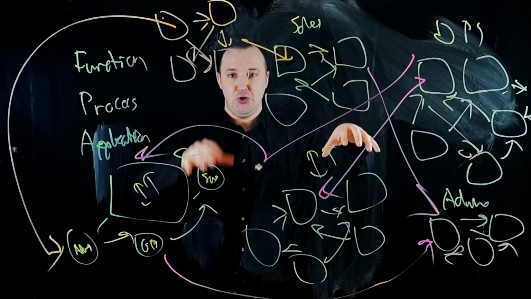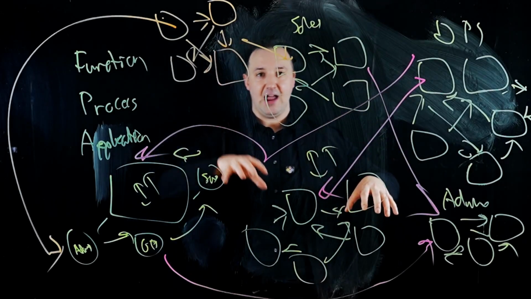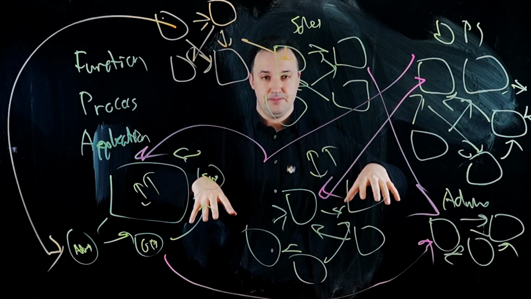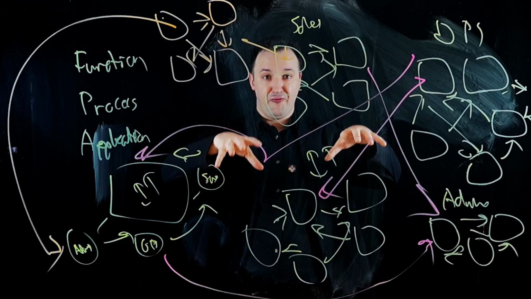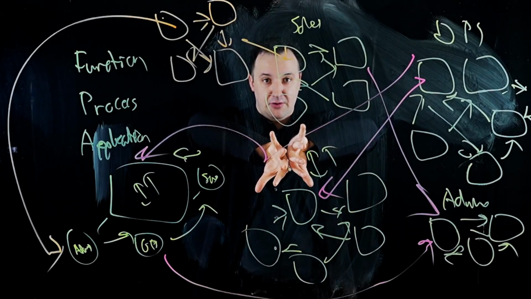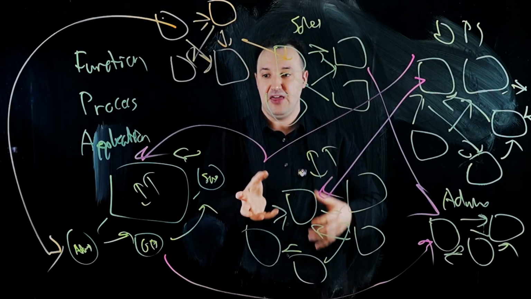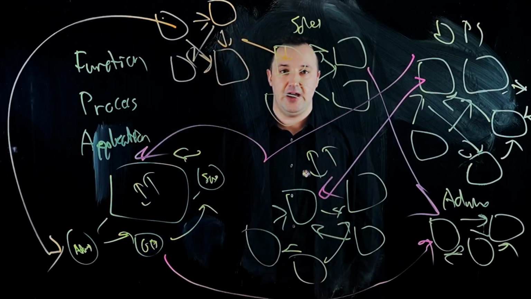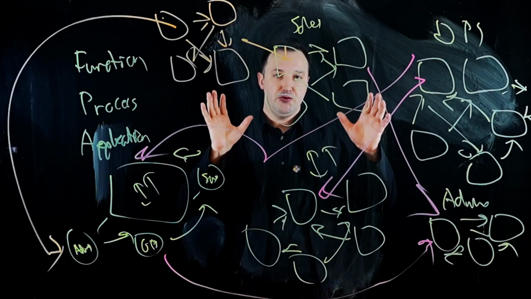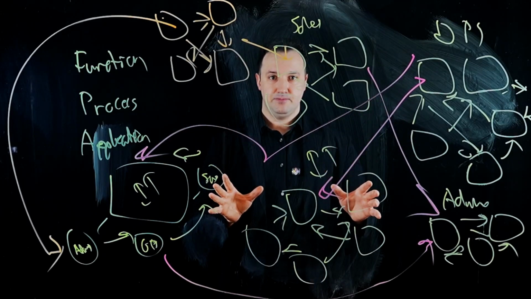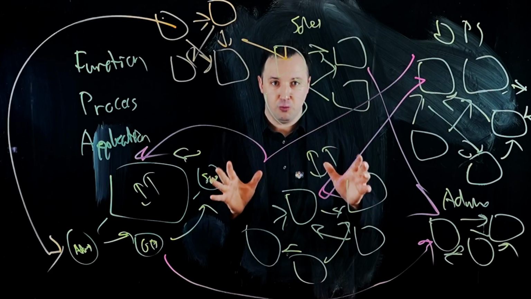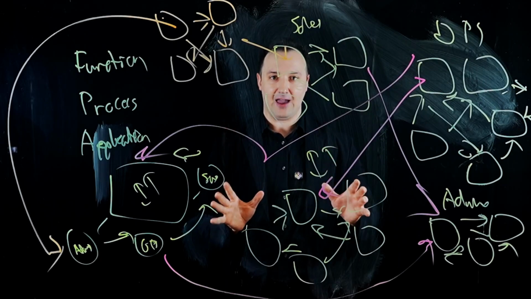So I could have my sales cube and my ops cube and my admin cube and my IT cube, and I could have all these cubes. But then I have to fold these cubes together and have a cube of cubes. That is my function level diagram. If you do 3 levels at the same time, you have created a 4D model that you have to unpack.